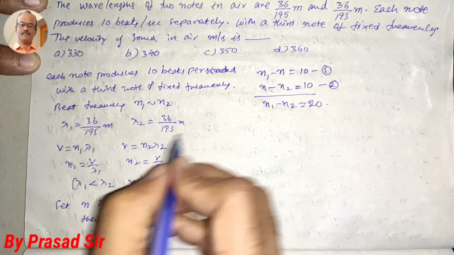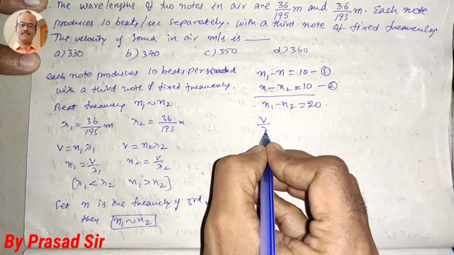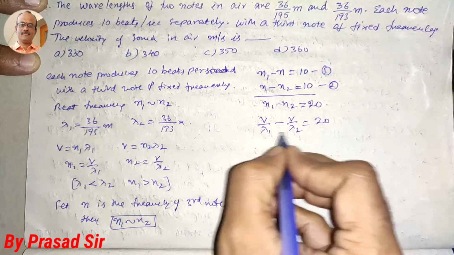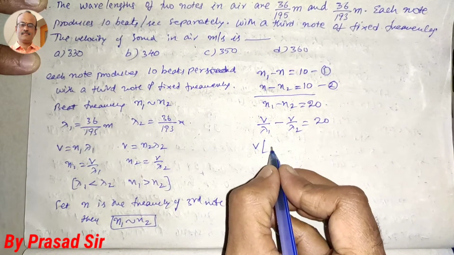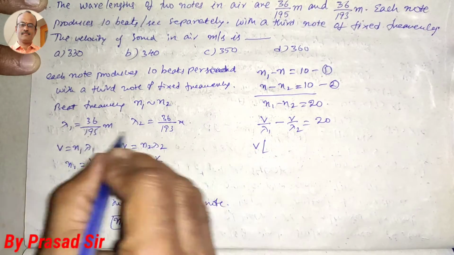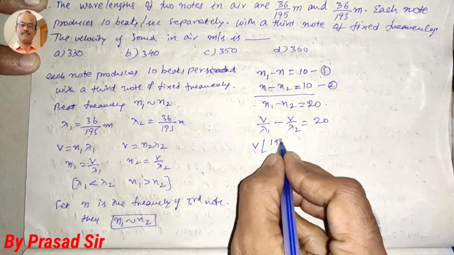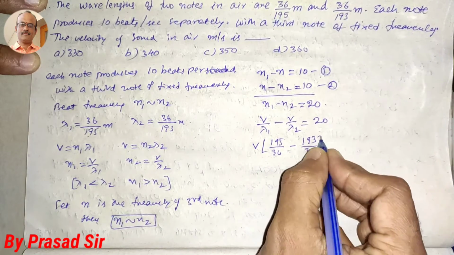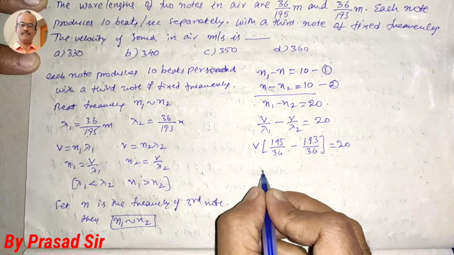But here frequency n1 means what? v by lambda 1 minus v by lambda 2 is equal to 20. v common, 1 by lambda 1 is nothing but 195 by 36, and 1 by lambda 2 is 193 by 36, equal to 20.